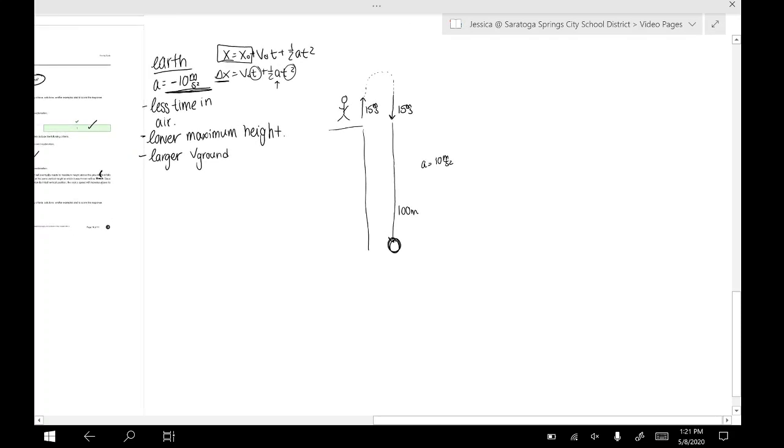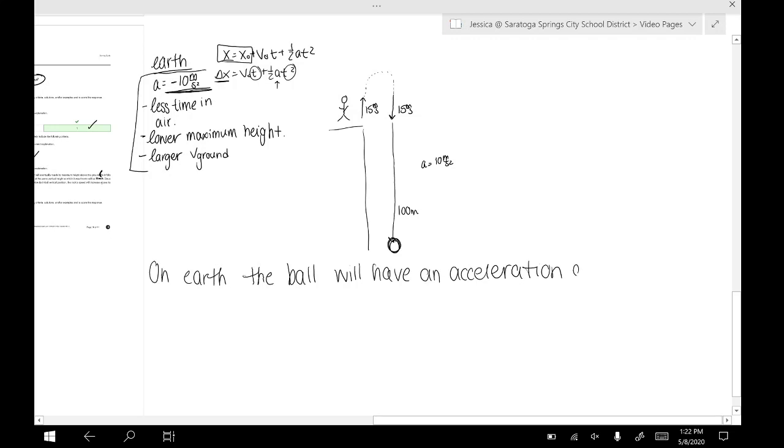All right, so now I have to write all of that in a paragraph. I'm going to answer the question first, and mention these four things. So on Earth, the ball will have an acceleration of negative 10 meters a second squared.